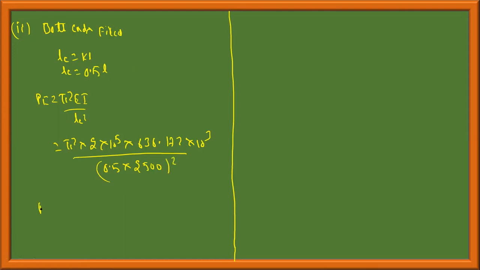Can you tell me what is PE? That is nothing but multiplying by 4, four times the previous answer.